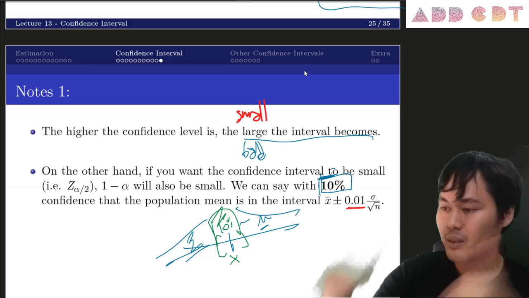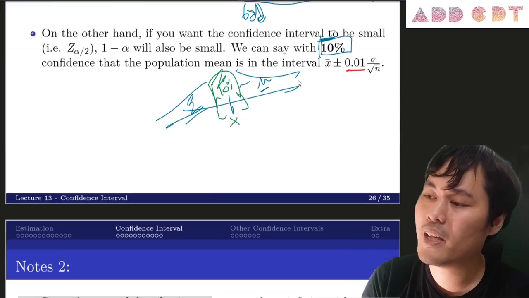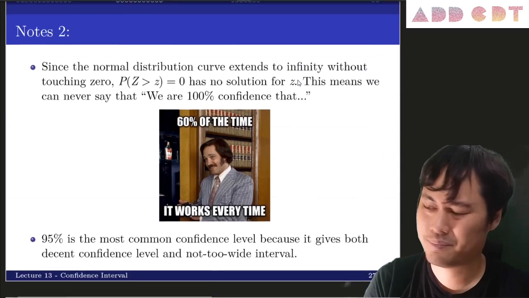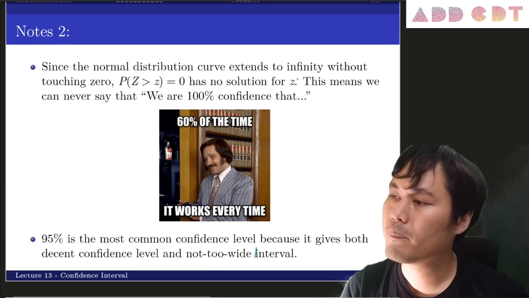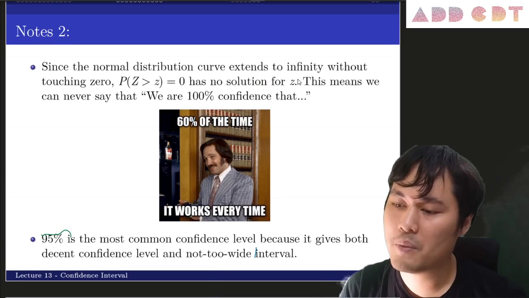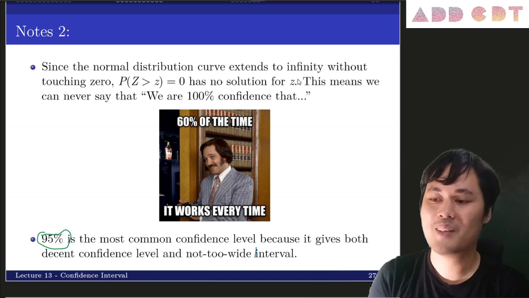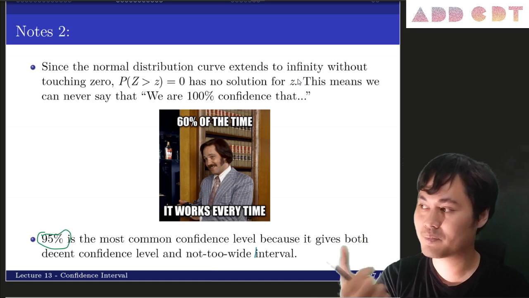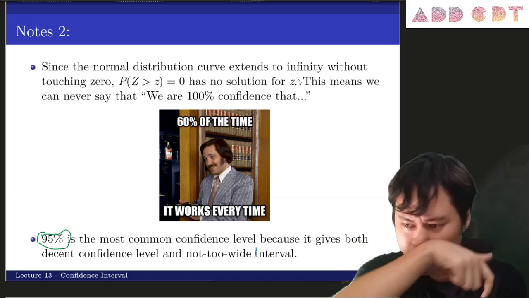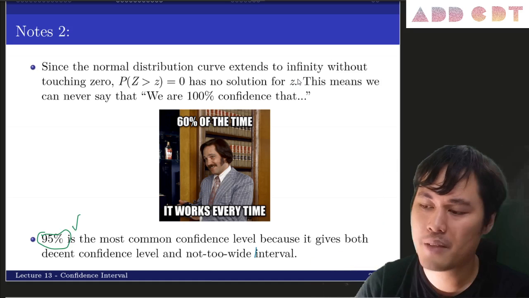We cannot get the best of both worlds; we can only get some decent level of both. And that's the reason why we pick the number 95, because 90% looks good on paper. We think 90% is good enough, and 95 is even better. So 95 is not the best, but it's good.